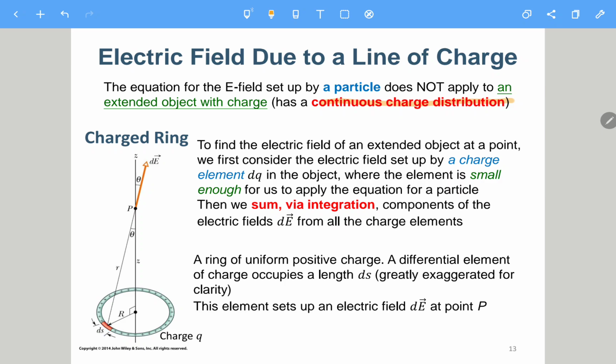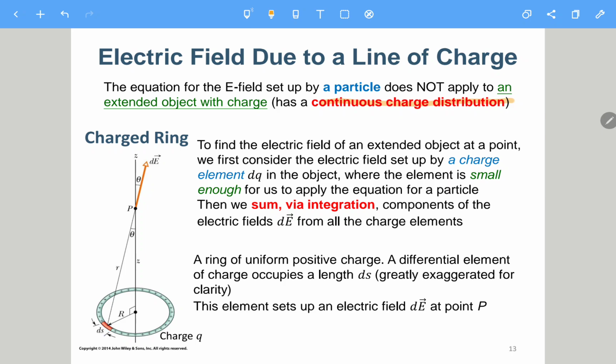So it is the same in this case. If we only have a single charged particle, then to calculate the E field, you just plug in E equals K times Q over R squared. And if we have discrete charges generating the E field, then you calculate the E field one by one and finally add them together with the vector sum.